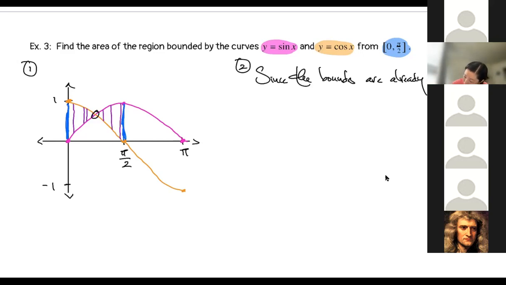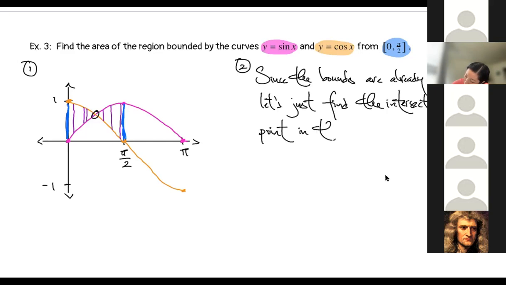Okay, so since the bounds are already given, let's just find the intersection point in the given interval. We could certainly do this algebraically.